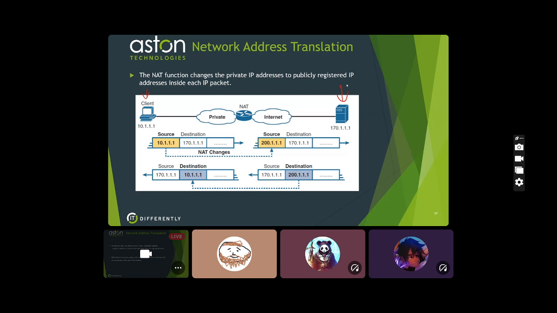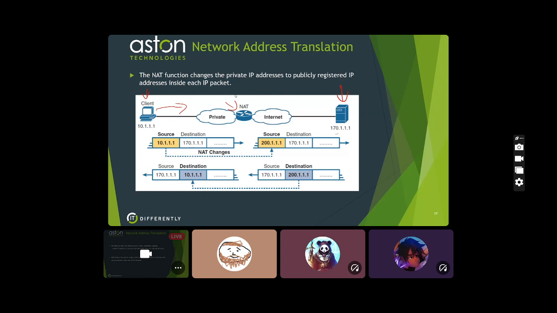So we know the IP address of what we're trying to talk to, 170.1.1.1. We send our packet saying, hey, we want to talk to this server. It arrives at our edge router. That edge router sees the packet, looks at its destination and its source IP address, and says, whoa, whoa, whoa.